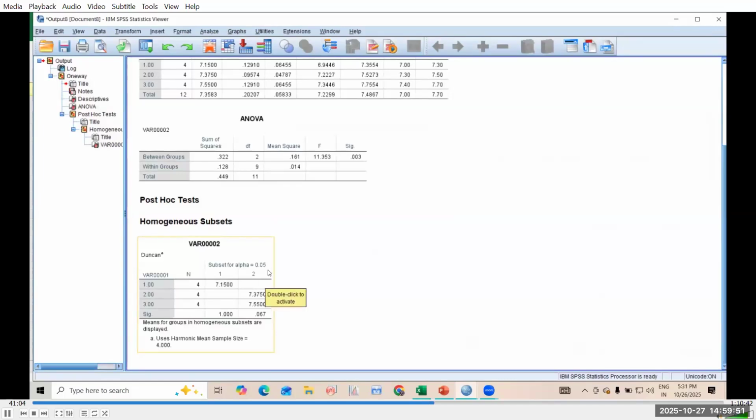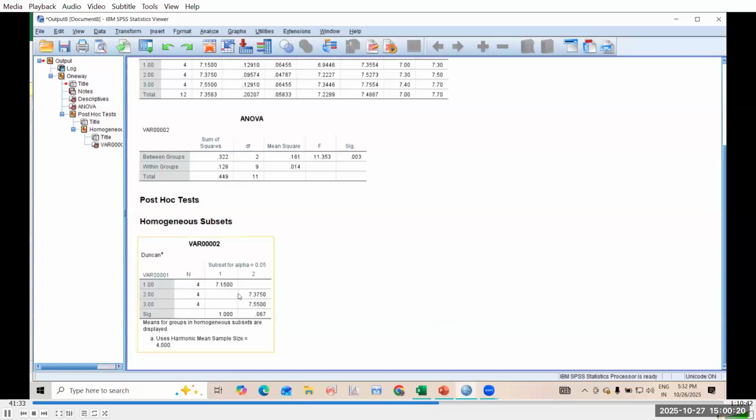Here it is showing the values for each group, where 1 represents the lowest significance level, and 2 represents the higher one.